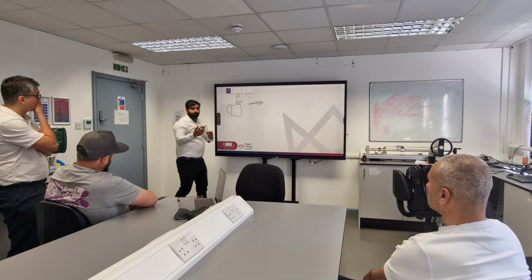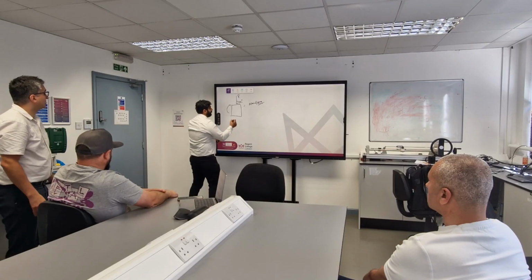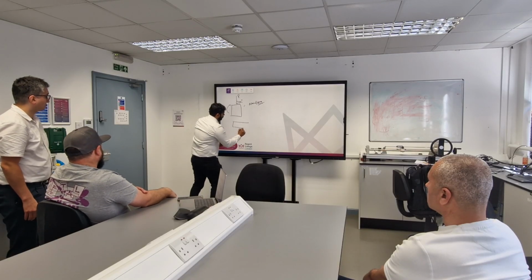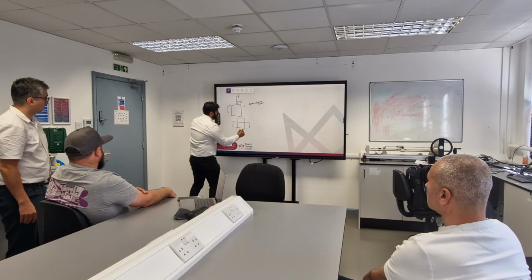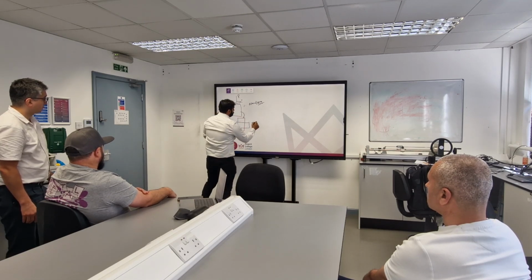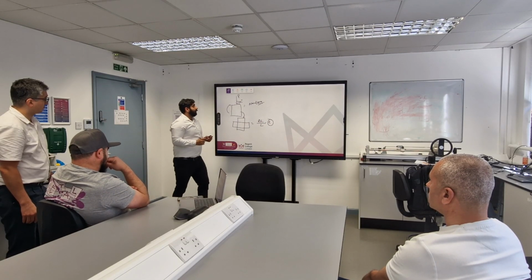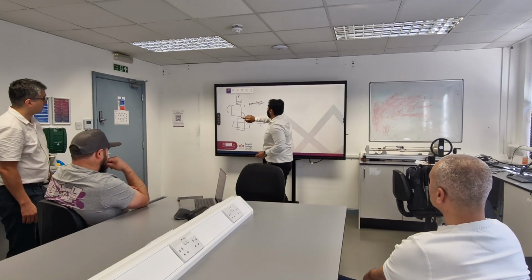And the deformation due to the application of the load: initially it was this length, and after loading it changes position, so the change in length by original length is the strain. Okay, now we have covered that.